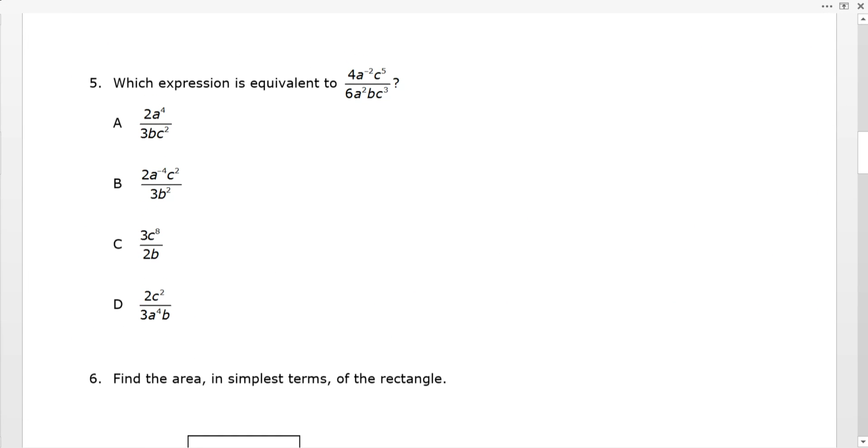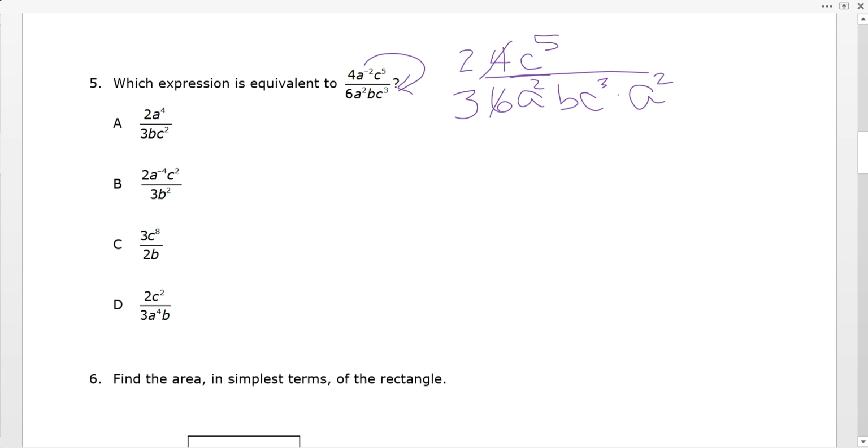Number 5. Same thing we just did. I'm going to move my a down below. So I have 4 over 6. C is on top. And I just moved my other a down there. So I'm going to simplify my numbers.